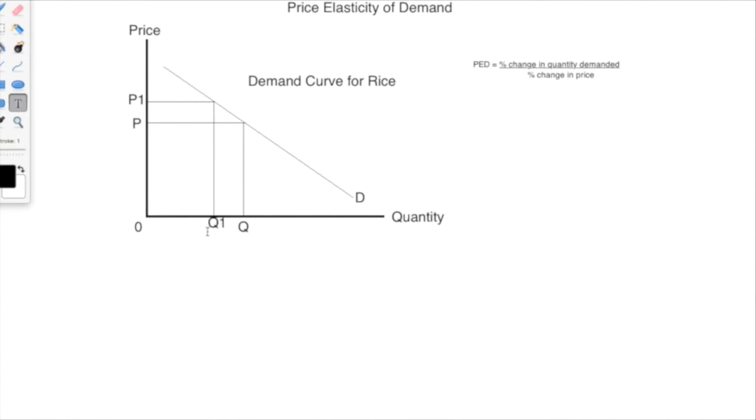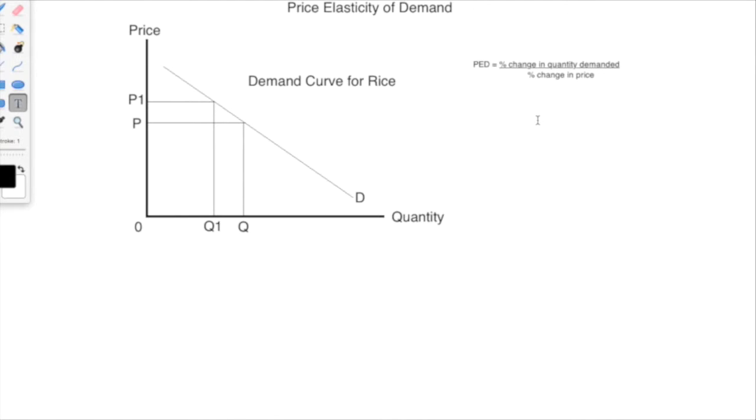And basically PED measures the ratio. Price elasticity of demand measures the percentage change in the quantity sold upon the percentage change in price.